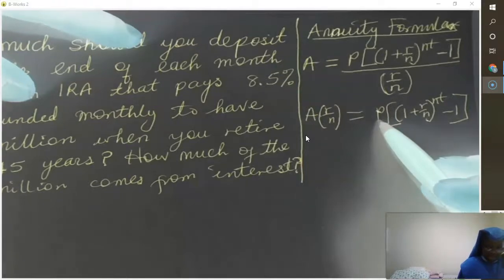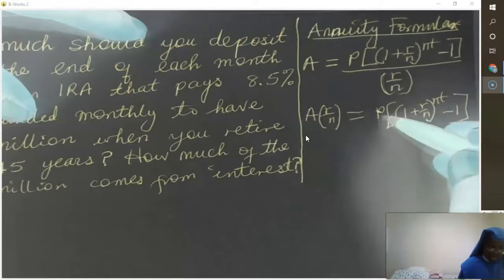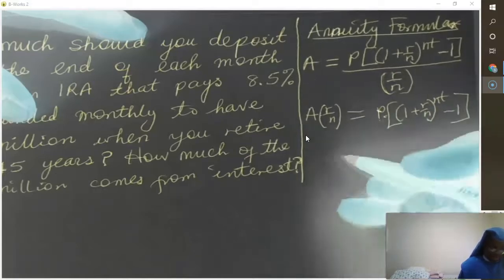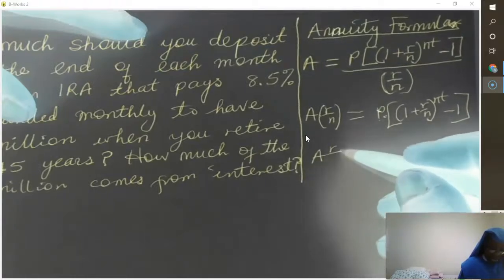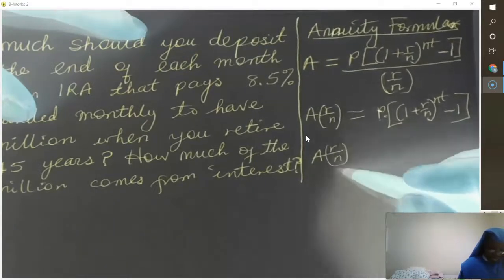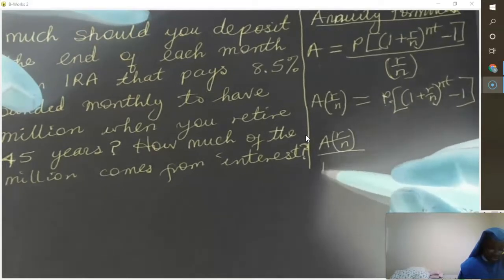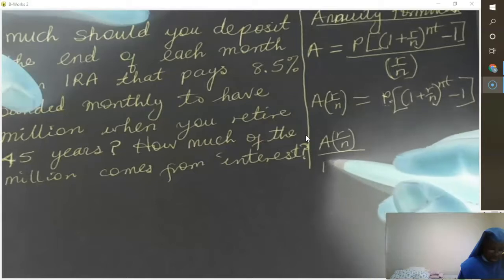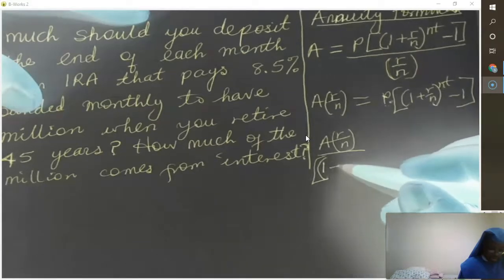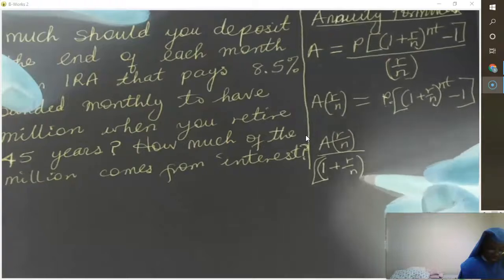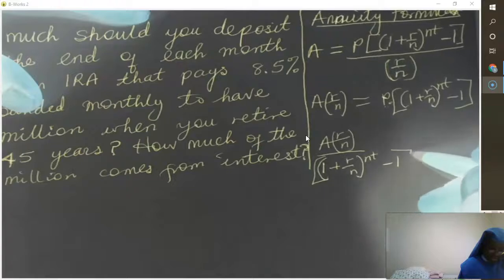We are going to get P by itself. So we are going to divide both sides by this whole parenthesis. If we do that, we are going to get A times r over n, over 1 plus r over n to the power nt, minus 1.